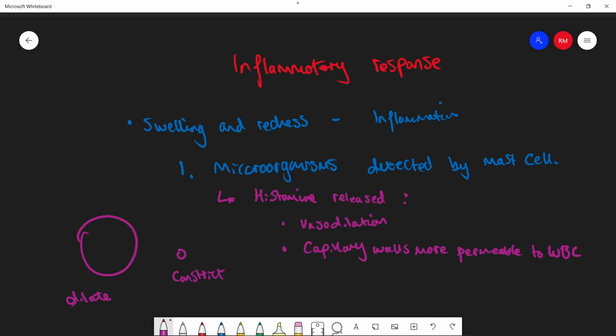Which is very useful if you think about it, because what type of blood cells are you going to need most on a site of infection? Yeah, white blood cells. So essentially, the swelling is caused by blood plasma and phagocytic white blood cells leaving the blood and entering tissue fluid, which causes an increased production of tissue fluid, which essentially causes the swelling.